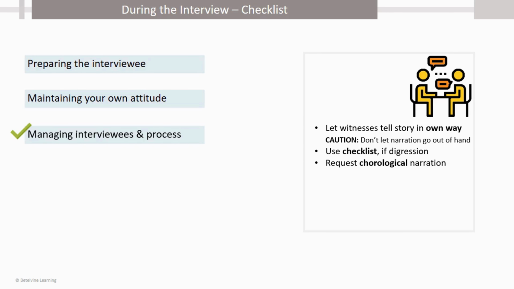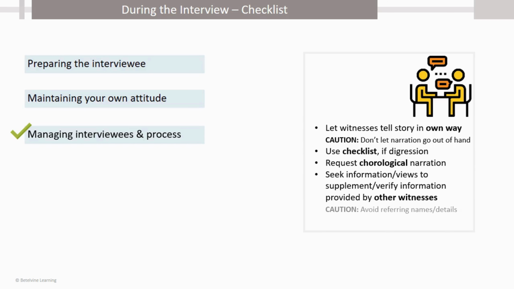This would help to structure the story and minimize the possibility of the interviewer getting confused with too many details. Seek information and views to supplement or verify information provided by other witnesses, but avoid referring their names or other details. Privacy of each interviewee must be respected.